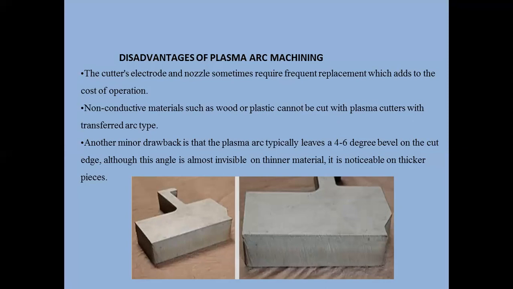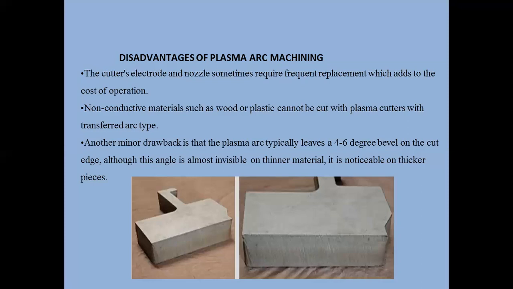So what happens? The reduction of electrons causes damage to the electrode and nozzle very quickly. So this is a little complicated and a little disadvantage in plasma arc machining.